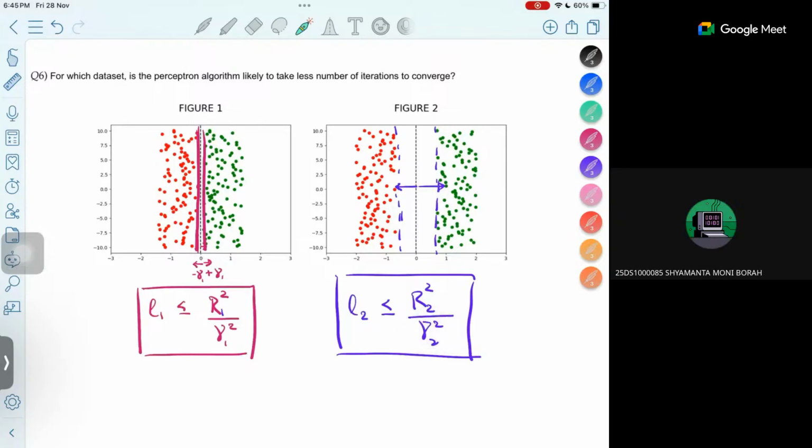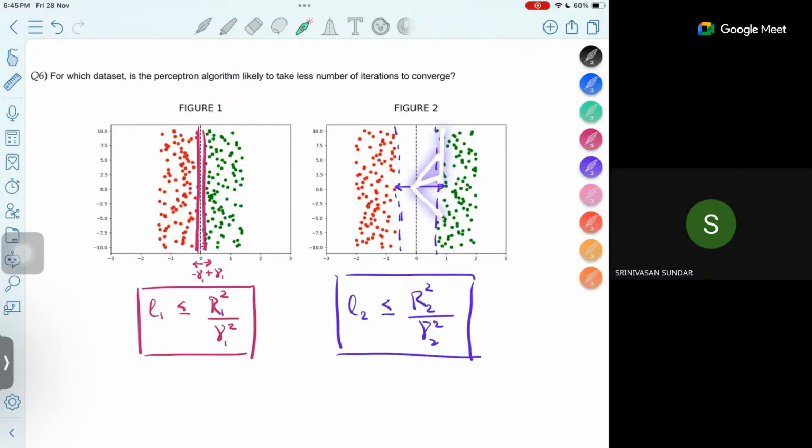Understood. Basically, say for example, the one which is lying on the boundary, right, for gamma. Yeah, exactly. So this point and this point, etc. Understood. The thing is, this point and this point have the same gamma value, and this point also has the same gamma value. You might think that this point is actually closer to the origin than this point. But they have the same W transpose X value.